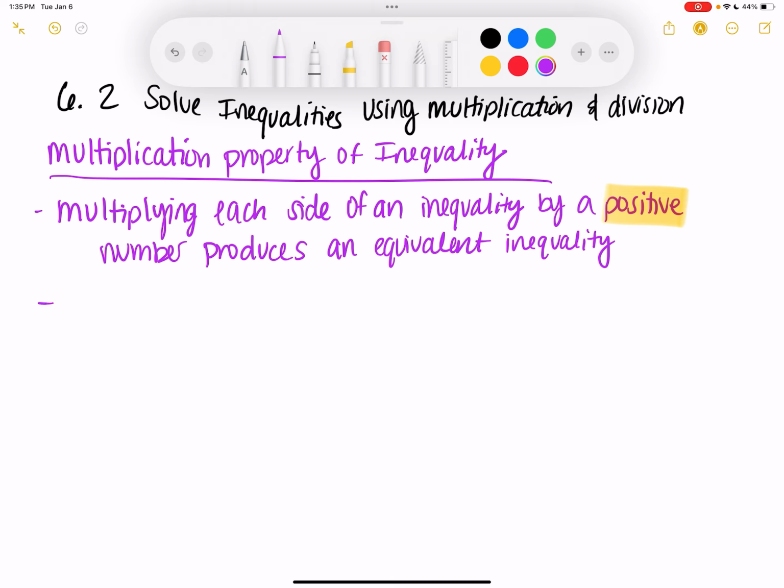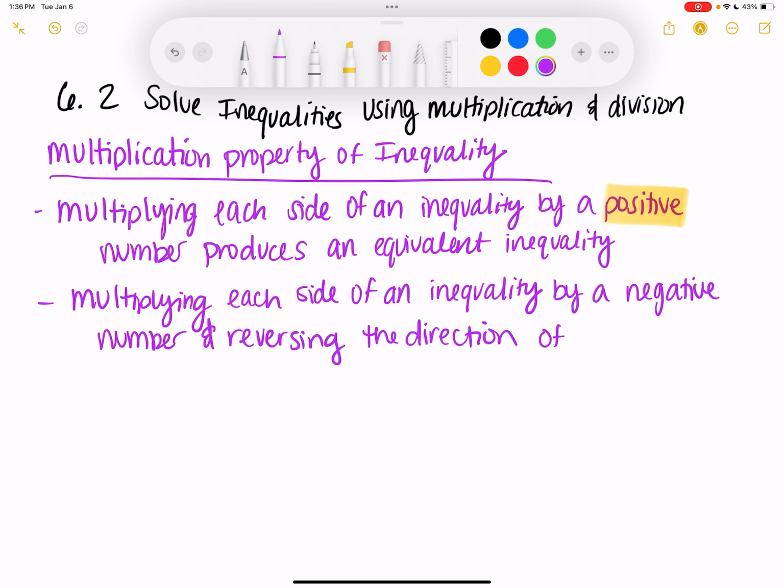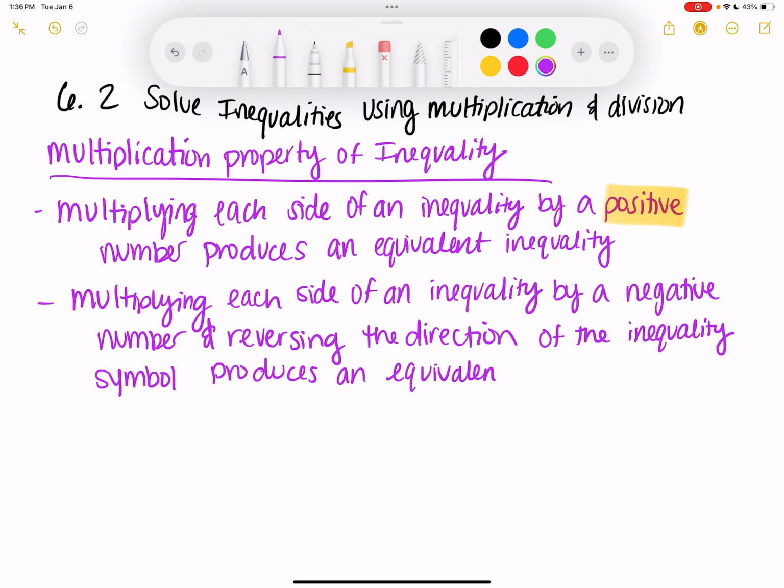So if we are multiplying each side of an inequality by a negative number, and reversing the direction of the inequality symbol, produces an equivalent inequality.